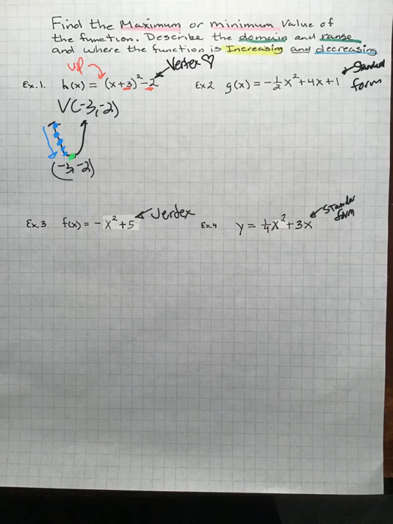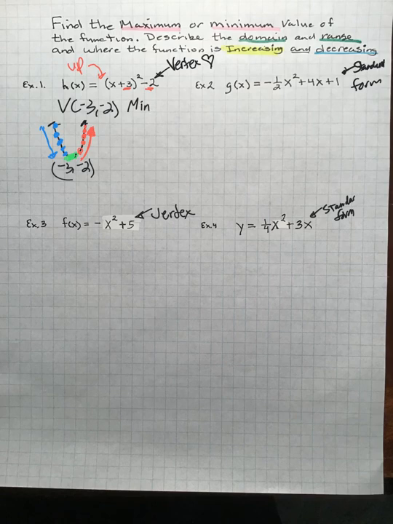Then as we start going past the vertex, the y values of each of the ordered pairs start to climb, get bigger, or increase. So the y values drop, reach their lowest point at the vertex, and then as it goes to the right of the vertex, the y values start to climb. So would you say we have a maximum or a minimum?